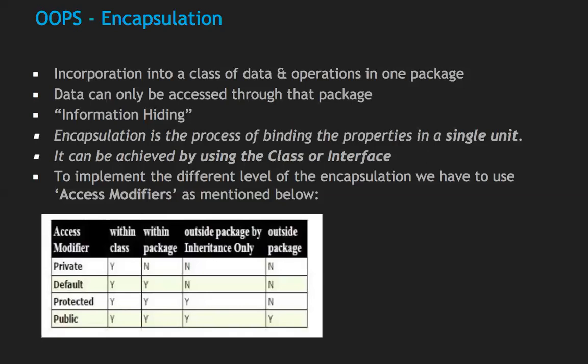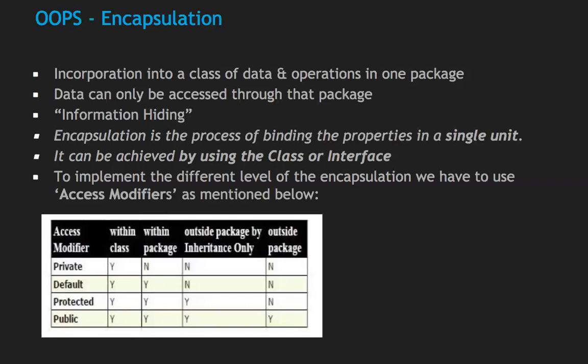Otherwise it will be sent to the nearest tower, and that tower will send it to the respective mobile. So this is how we put it into the mobile body and encapsulate it, either with insulation tape or screws, or any other thing. That's what this process is called encapsulation. And in the Java world, we can achieve it by using a class or an interface.